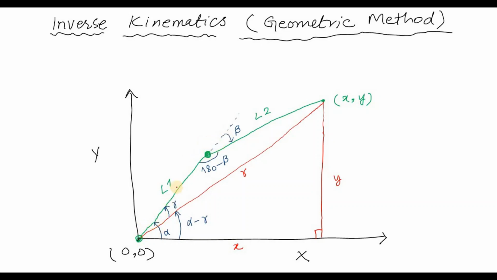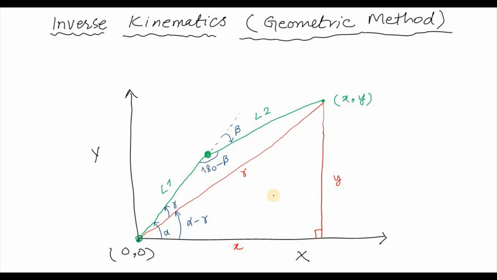This connects your origin to your second joint, and then to your end effector point, and then back to the origin. So we have two triangles here, and the description of our robot is complete.